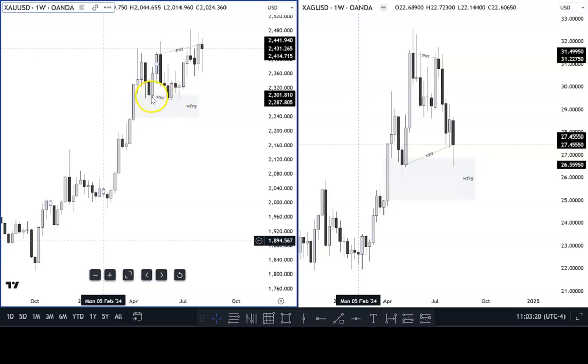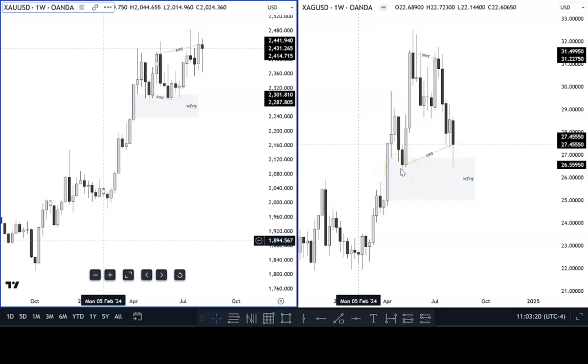So the SMT occurred inside of the IRL, and from that price pushed to the high, took the highs, but also created another SMT. In comparison, silver would have been the stronger asset in this case because it failed to make the low.